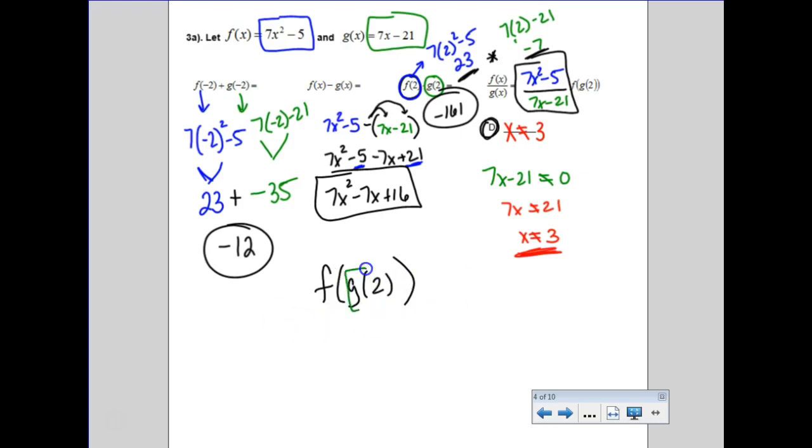In the middle. So you start with g evaluated at 2. So let's figure out what happens when I plug a 2 in for g. I think we already did this earlier in the question set, but whatever. 7 times 2 minus 21 is negative 7, I'm hearing. All right. So this number is really this. So the problem now says find f of negative 7.